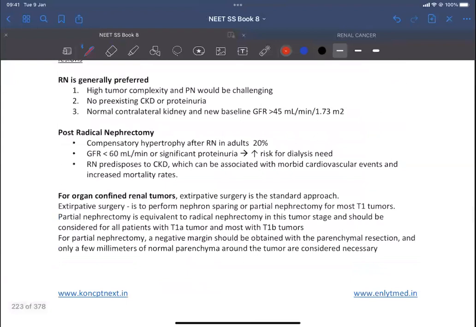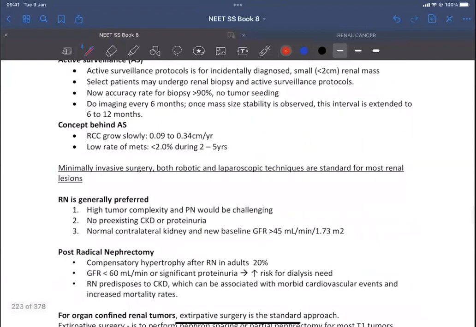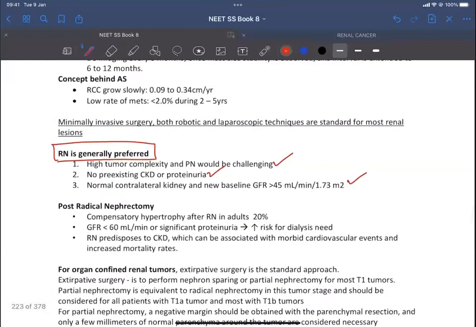Let's go on to radical nephrectomy. Radical nephrectomy is done wherever you think partial nephrectomy is not feasible. They should have a normal contralateral kidney and a baseline GFR that is more than 45.